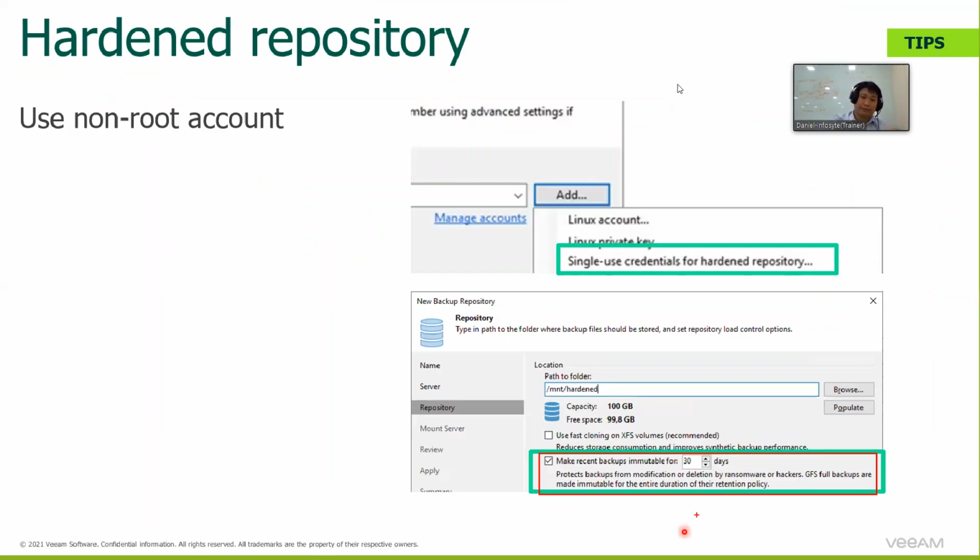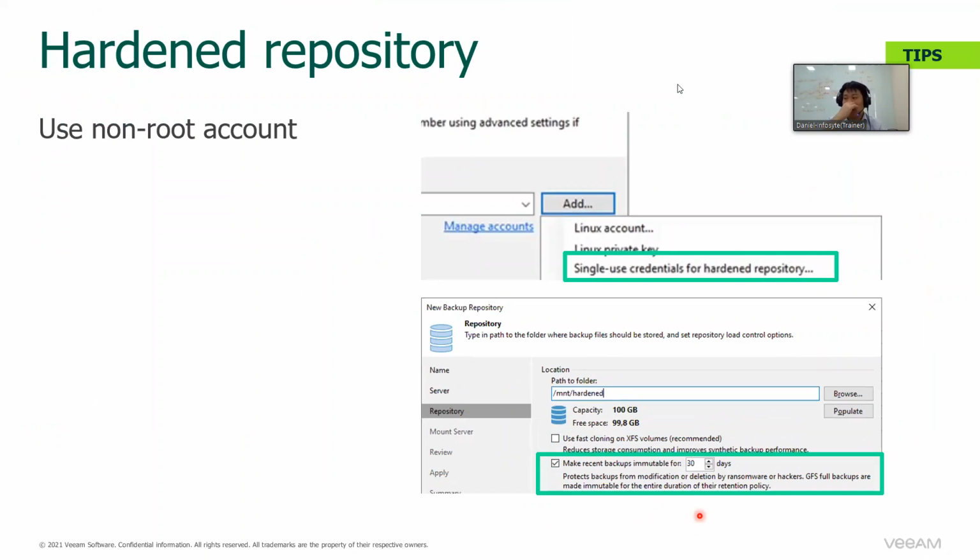All right. So remember, if you're using immutable storage, you need to make sure your repository has more capacity than usual, because it needs to keep your backup data for a longer time. It will not delete it as soon as it expires, because over here we added additional days of copy to it.